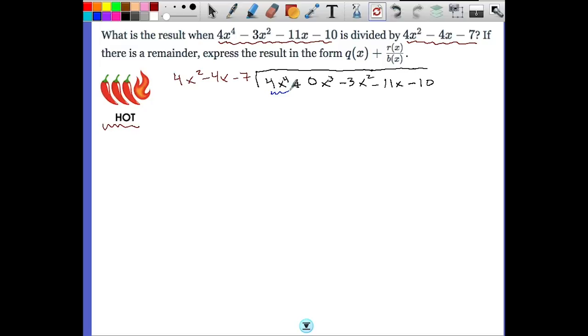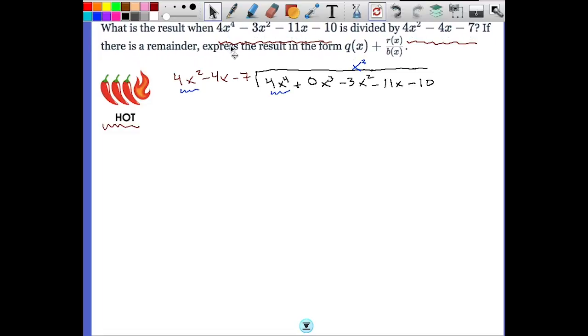Okay, so business as usual. I take the first term of the dividend divided by the first term of the divisor. I can do that off to the side. 4x to the fourth divided by 4x squared is x squared. Now notice I talked about this earlier, but I do want you to line up, and let's move this up slightly, give ourselves a little space here. So I want you to line up that quotient above the column of the degree that matches the term below it.